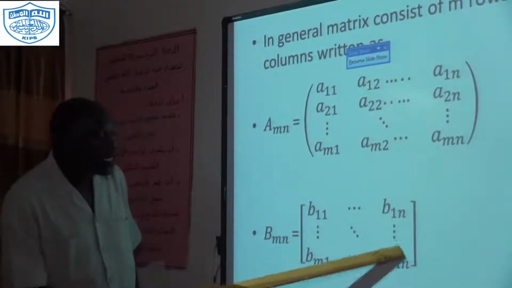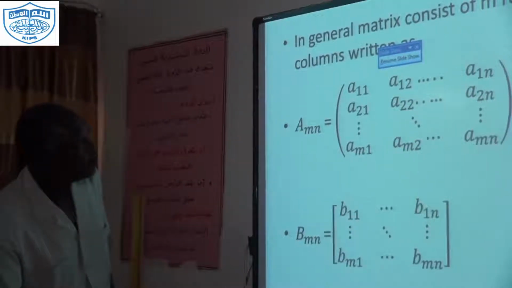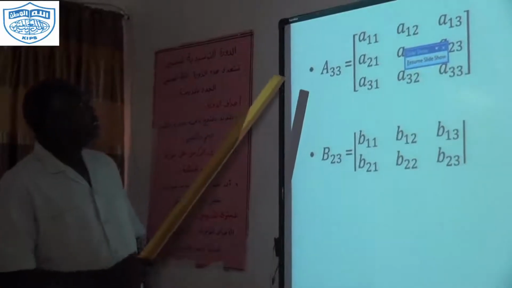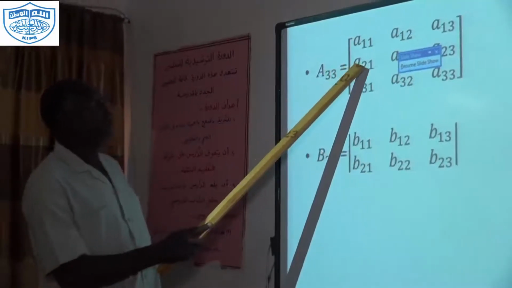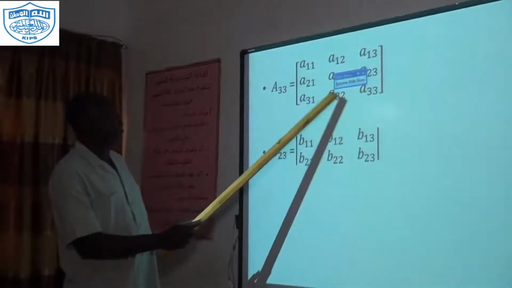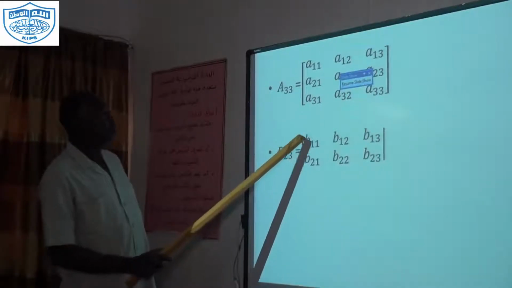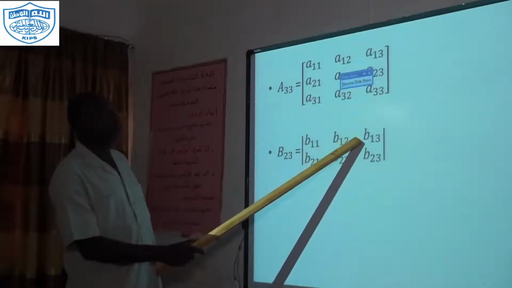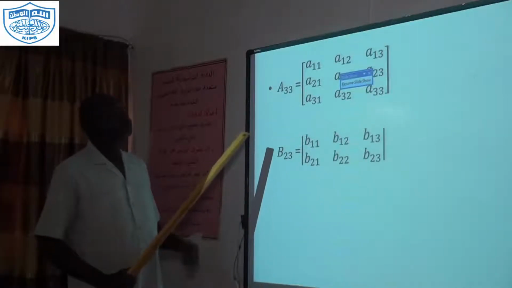So I call this the last element of this matrix. For this matrix A33: A11, A12, A13, A21, A22, A23, A31, A32, A33. This matrix B23 contains 2 rows and 3 columns: B11, B12, B13, B21, B22, B23.